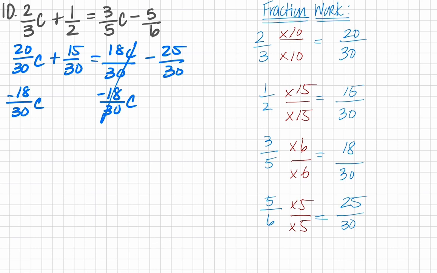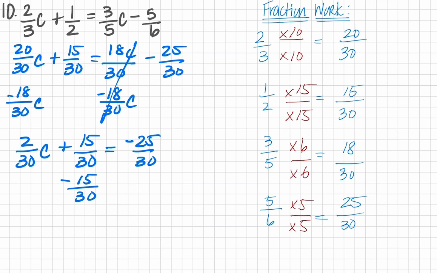Okay, so now 20 over 30c minus 18 over 30c is 2 over 30c plus 15 over 30 is equal to negative 25 over 30 minus 15 over 30 minus 15 over 30. Now you have 2 over 30c is equal to negative 40 over 30.